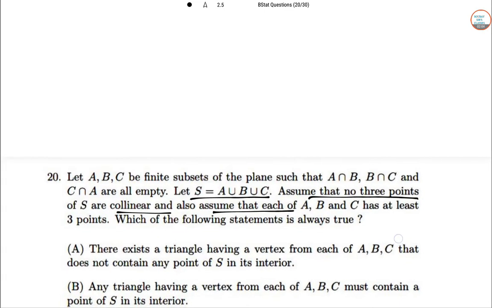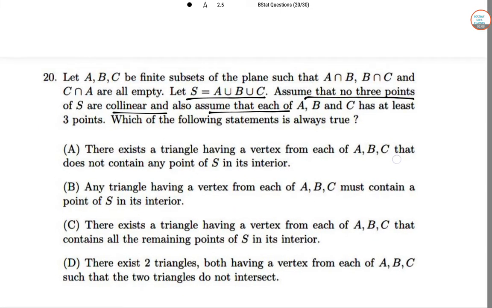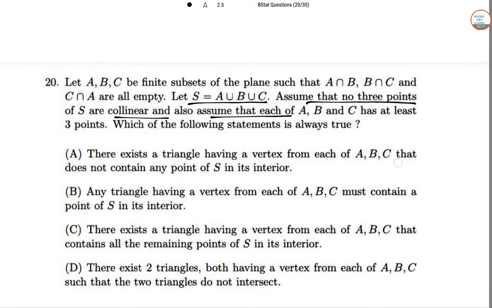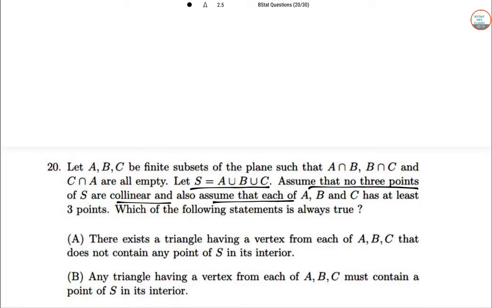Okay, so there exists exactly a triangle, there exists a triangle having vertex, and there exist two triangles having the vertices A, B, C such that the triangles do not intersect. So here it's a theoretical structure, not much of maths involved.